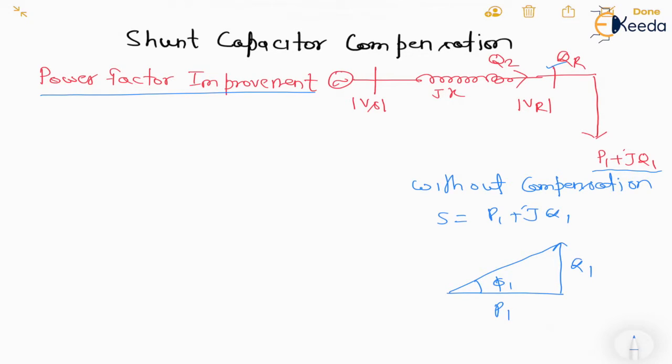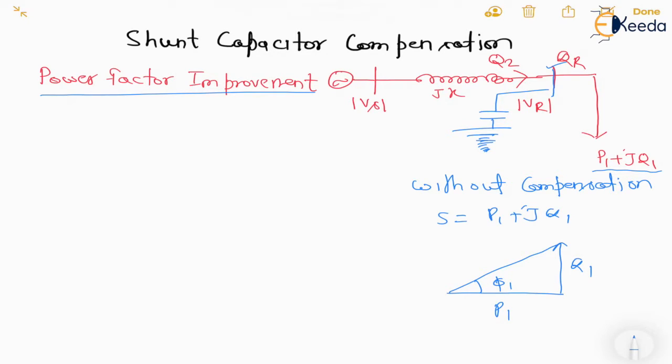Now we are going to apply the shunt capacitor compensation. We will see the shunt capacitor compensation concept by two methods. The final result will be the same, but the approach and the sign convention will be a little bit different.